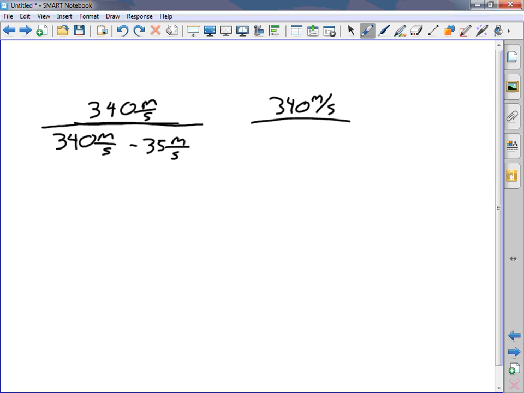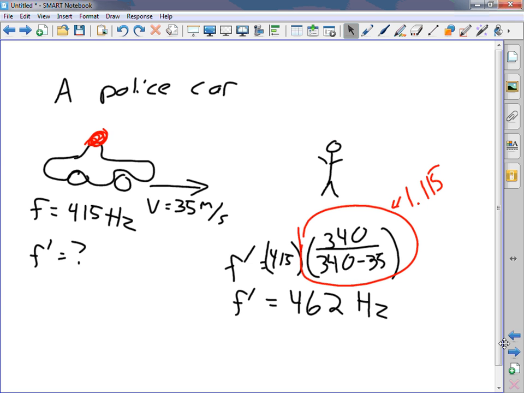Meters per second. When adding and subtracting, we have to have the exact same units, and then the units persist. 305 meters per second. Now, whenever I'm dividing, what happens to those units? They cancel out. So that was a good question. Whenever I'm dividing, I'm going to get the units to cancel out. So that problem was just the basic plug and chug style.